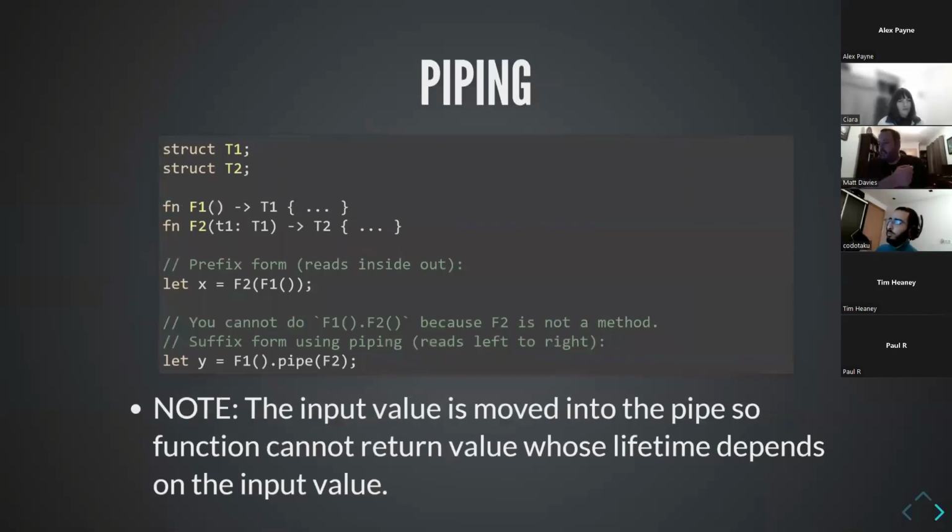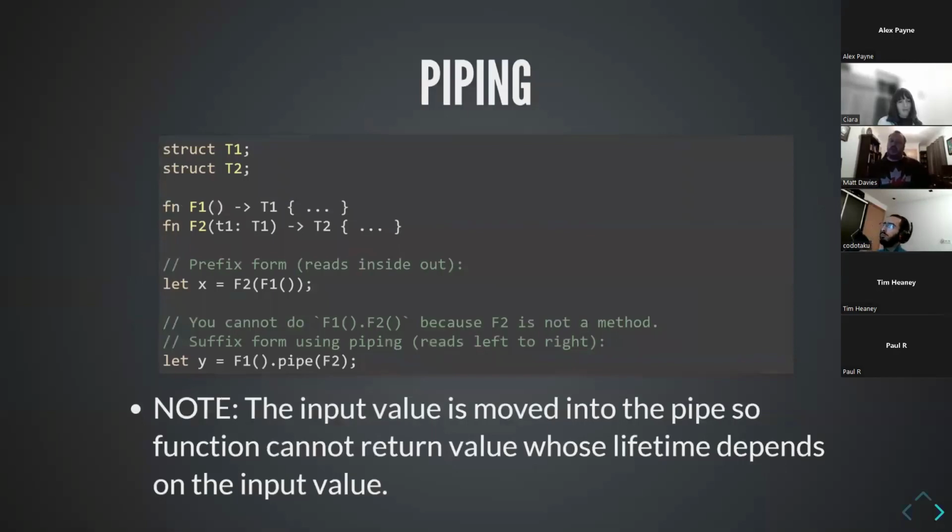So if I would use this normally, I would have to do f2 of f1. And so to understand the code, I have to start in the middle and read outwards to understand exactly what type of value x is going to be. But you cannot do f1 dot f2 because f2 is not a method. It's just a normal function.